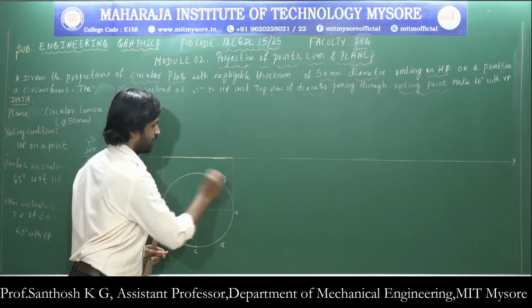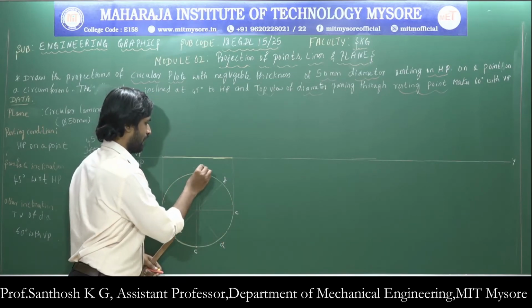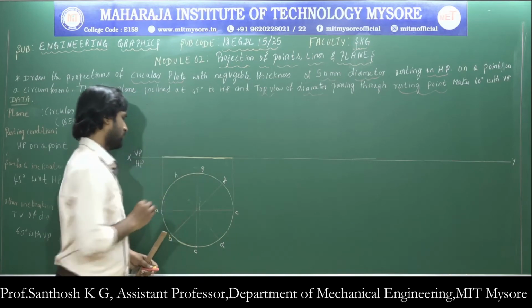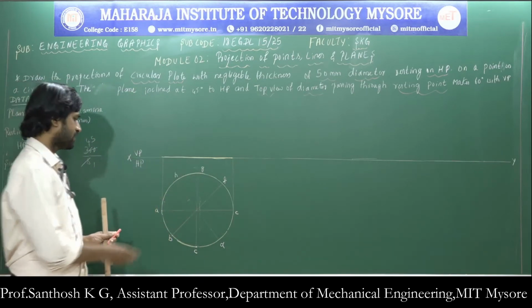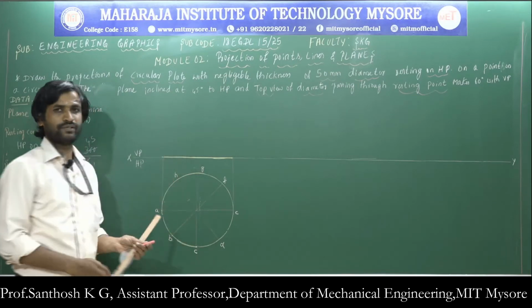So I will get the points A, B, C, D, E, F, G and H. In total we are having 8 points, and I am going to draw the front view of these points.